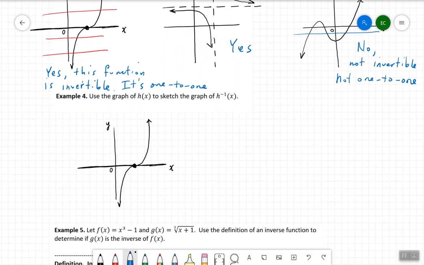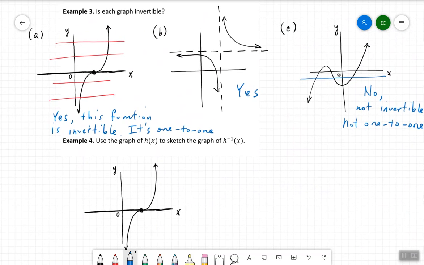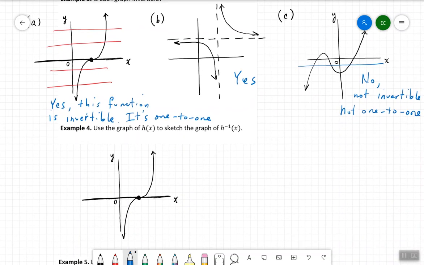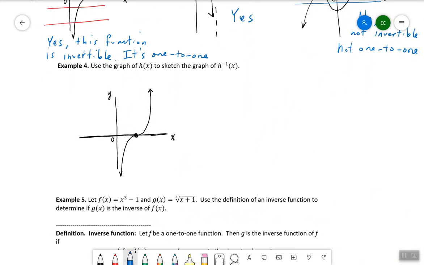In example 4, we want to use the graph to sketch the graph of its inverse. This graph should look familiar. This is the graph from part A in example 3. And do you remember how we did this? We talked about doing this problem in a previous video. What we said is that the graph of the inverse is a reflection over the line y equals x.